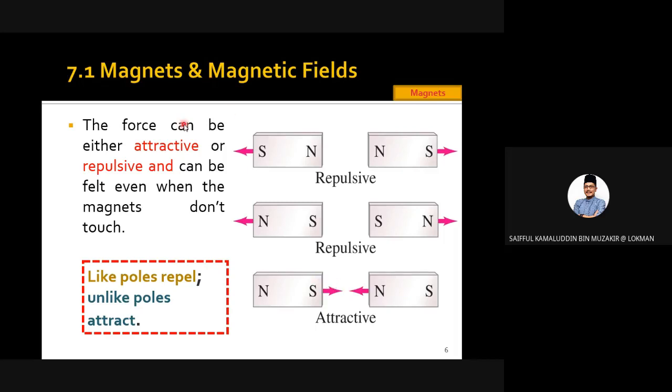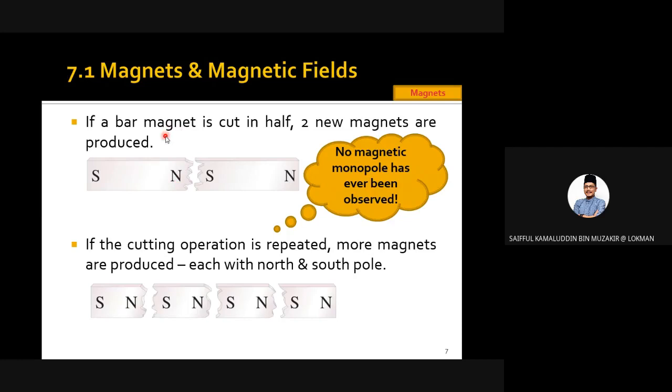The force can be either attractive or repulsive, and can be felt when the magnets don't touch. The force exists, even though we cannot see the force. If you cut the bar magnet in half, two new magnets are produced. No magnetic monopole has ever been observed.